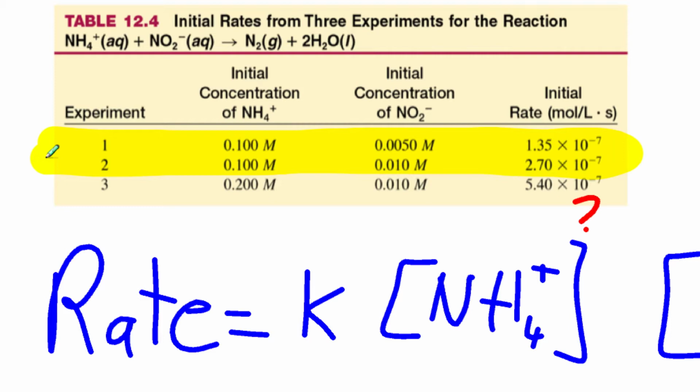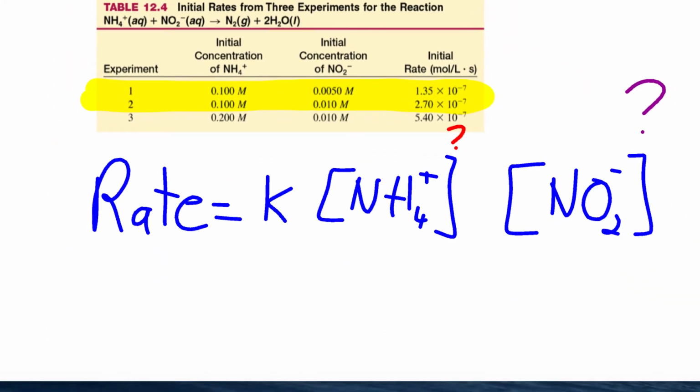All right, so whatever happened to the concentration, it had some effect on the rate. Let's draw this out. If the concentration of NO2 doubled, that means the concentration of NO2 doubled, raised to some power we don't know, has got to be equal to whatever happened to the rate. So look at the rate. What happened between experiment 1 and 2? It went from 1.35 to 2.7.